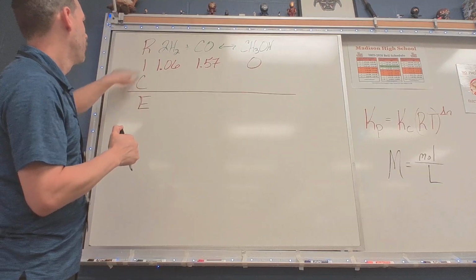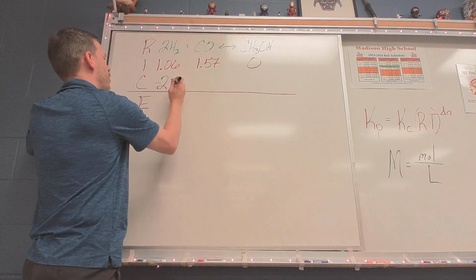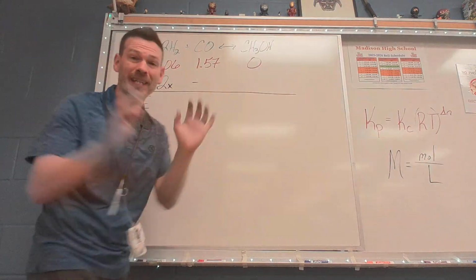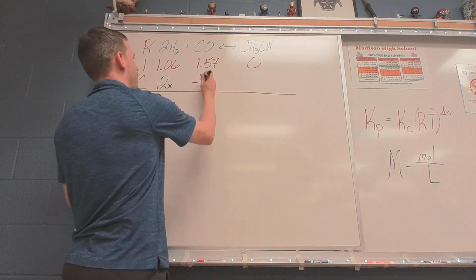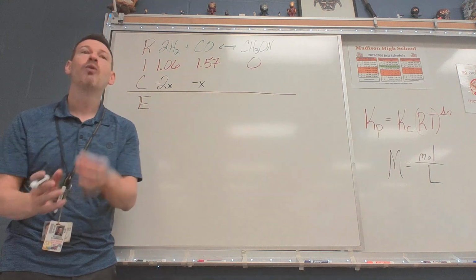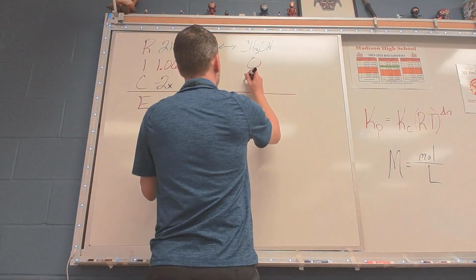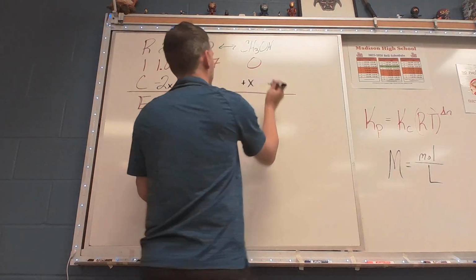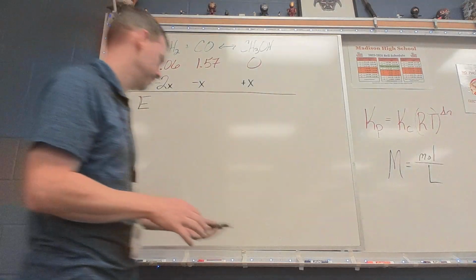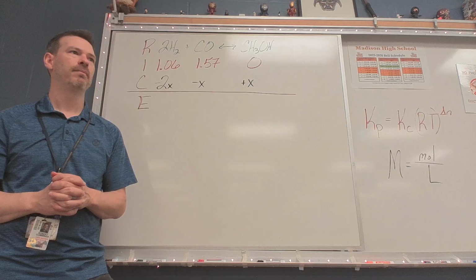The change for reactants will always be negative coefficient X. Reactant is negative because it's decreasing. But the products will be positive coefficient X because the products are increasing. Of course, there's some ones there. You'll get used to that. Are we okay?